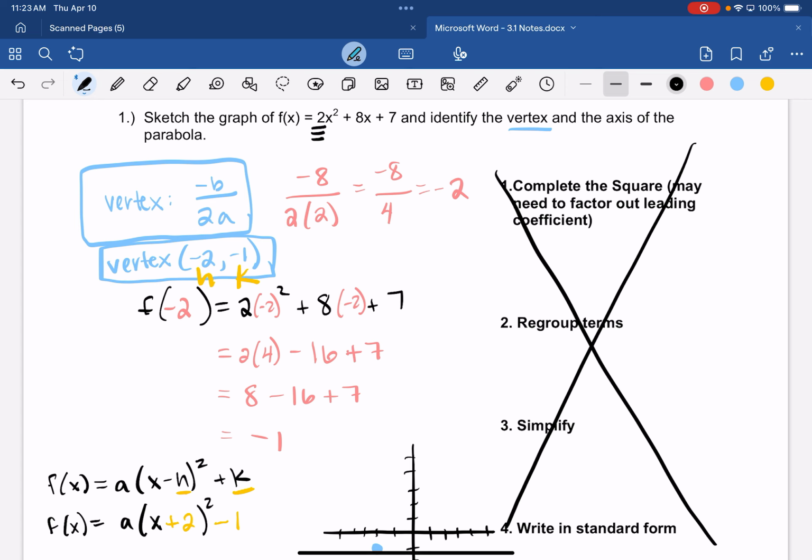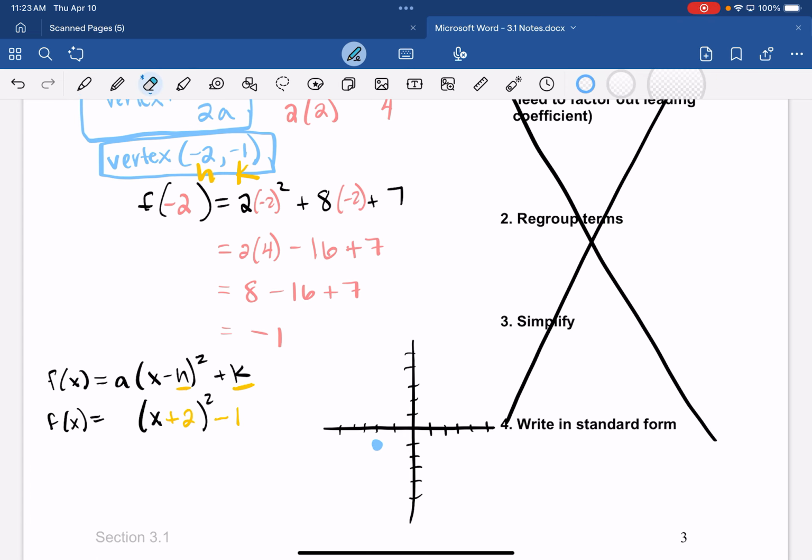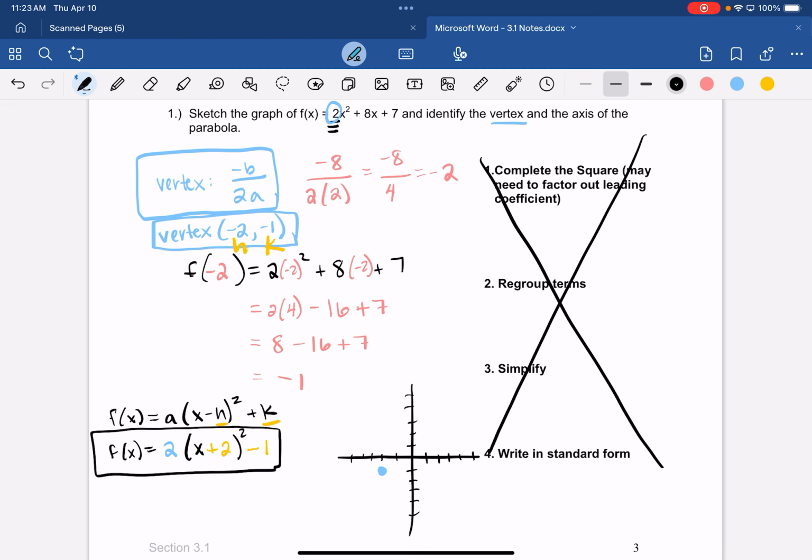So my a value was a 2, so I'm just going to make this a 2. You can write underneath if you can't erase it. But that is my vertex form. So that equation that we just found and this equation are the same exact parabola: standard form, vertex form.